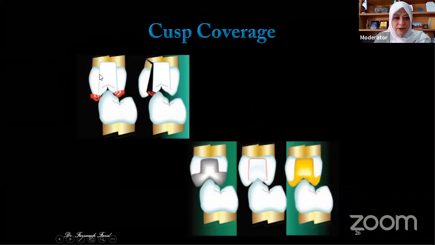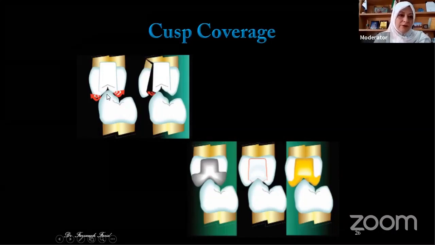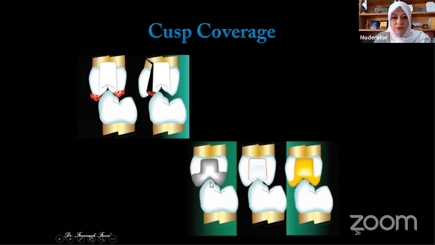Just restoring the access cavity with direct restorative materials is not enough, because the forces from opposing cusps make wedges in the restorative material inside the pulp chamber and make the cusps break.